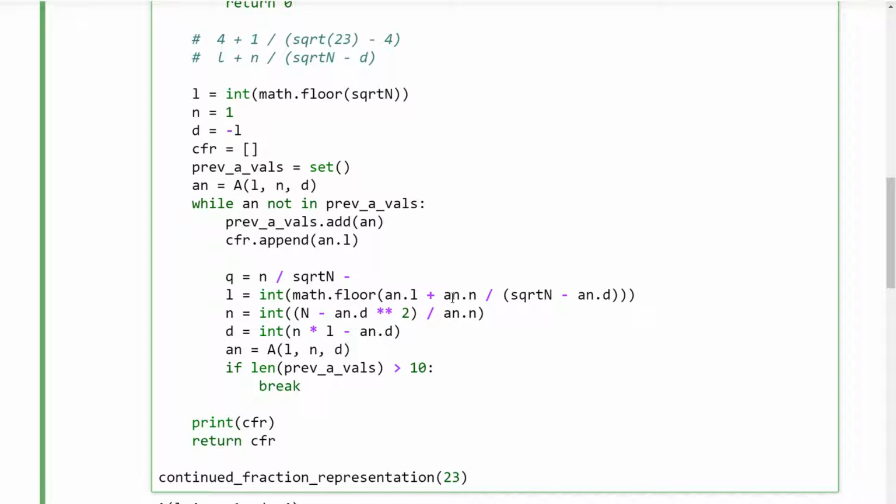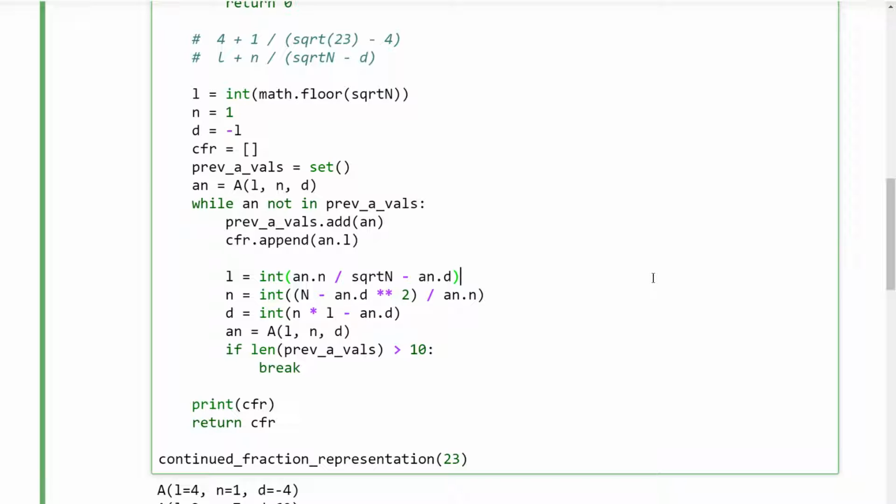minus an dot d, an dot n, and then what is this? This is just the int value of that, I think. Isn't L just the int value of this? Yes, but I said for the new n we don't have to add the n. Can you just do Control Z?